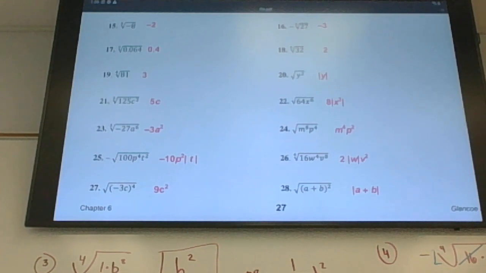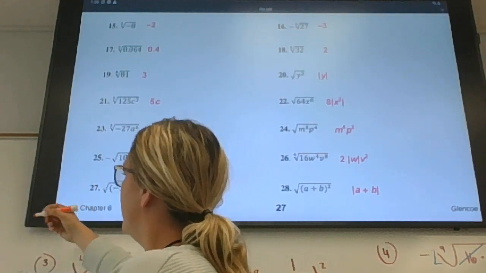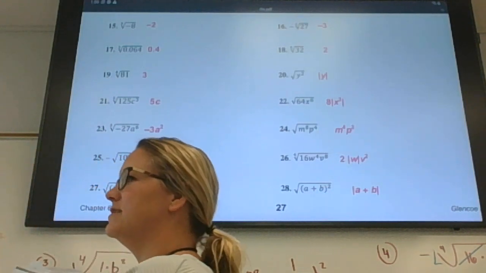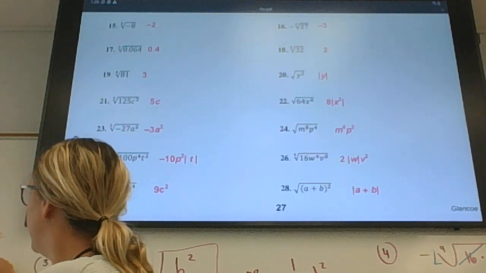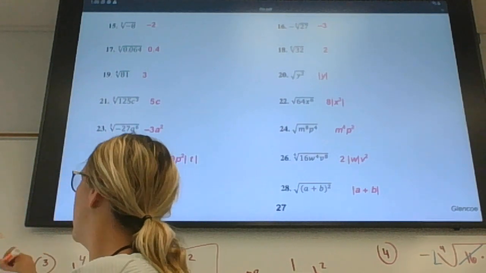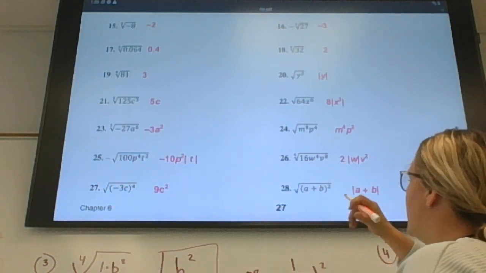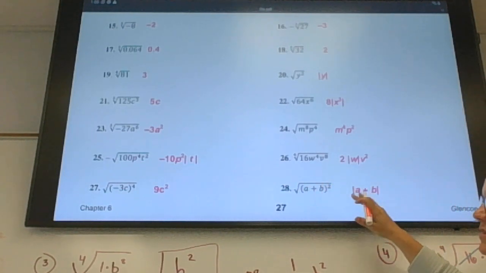You could just do 4 divided by 2 is negative 3c squared. And then that's negative 3 squared is 9, and then c squared. Because of the parentheses. And so this is just like, well, how many groups of 2 are there? There's 1.